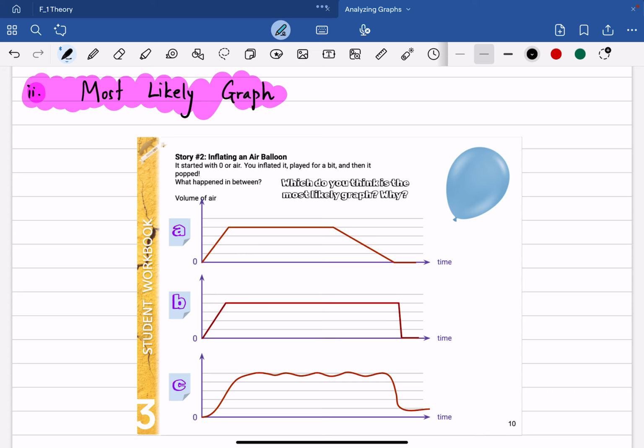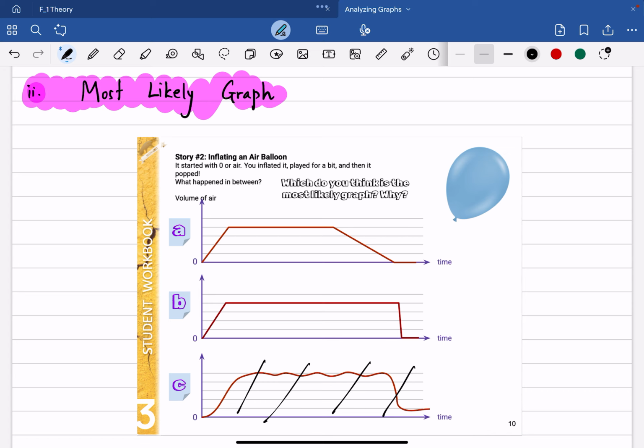Now, if you're playing with the balloon, that's not going to change the amount of air in the balloon. Certainly, it's not going to increase the air in the balloon at any point. So, the ups and downs in graph C are difficult to explain given the information that's been provided. So, we can rule out C as an option.